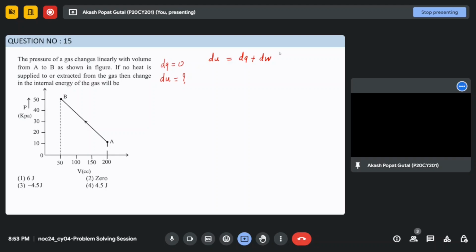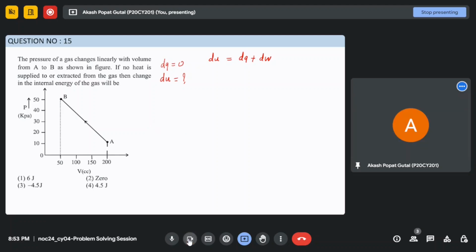So compression is happening. Compression means there is work done on the system, which is positive work. So the third option will be cancelled.